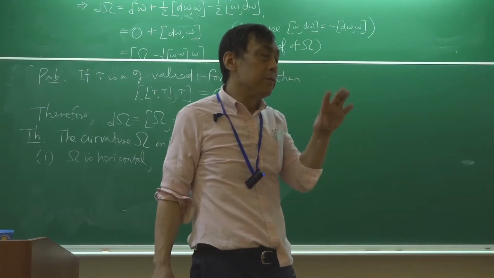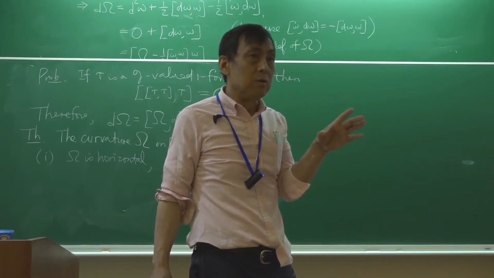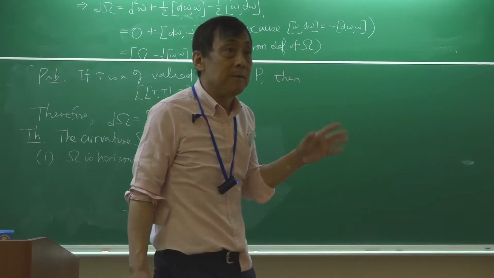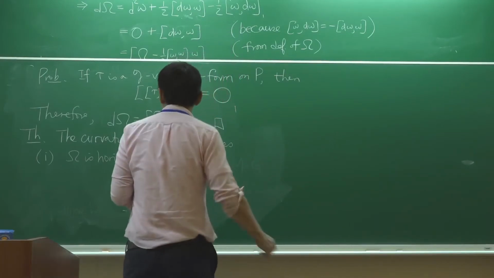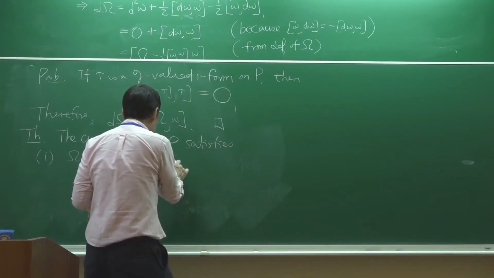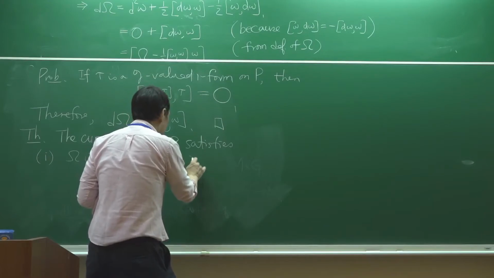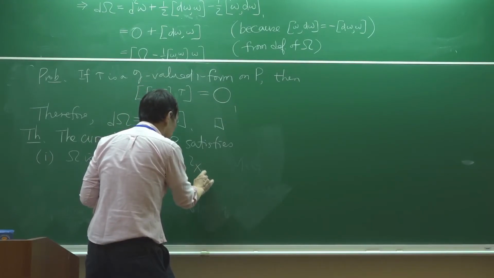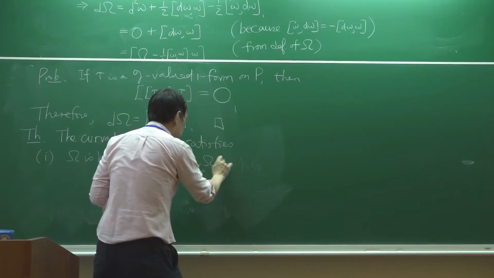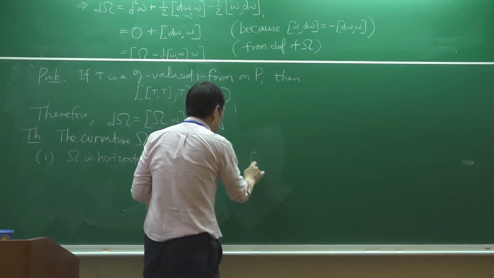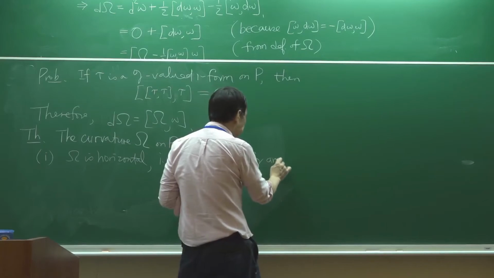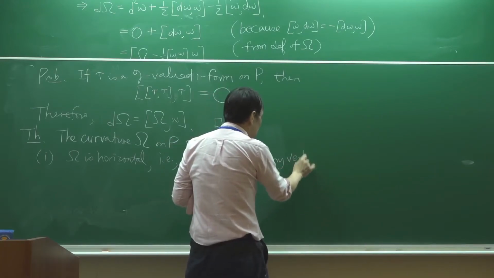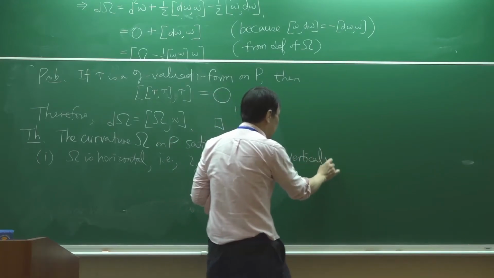If one of the arguments is vertical, then you get 0. It vanishes on vertical vectors, i.e., if you apply it to a vertical vector, you get 0.